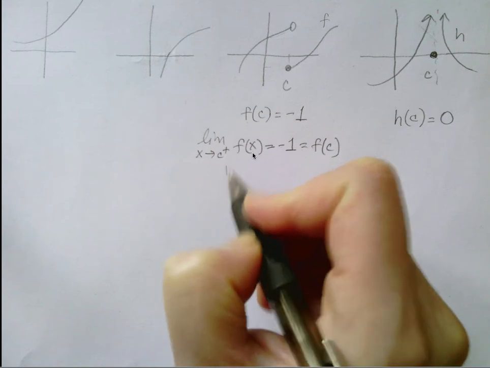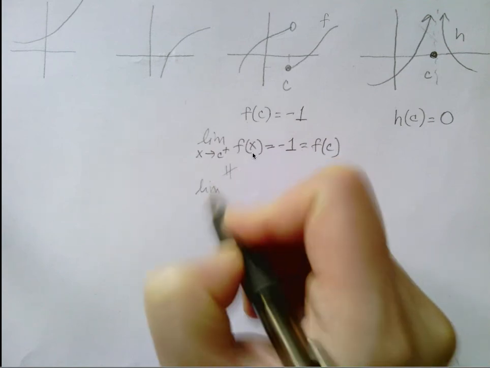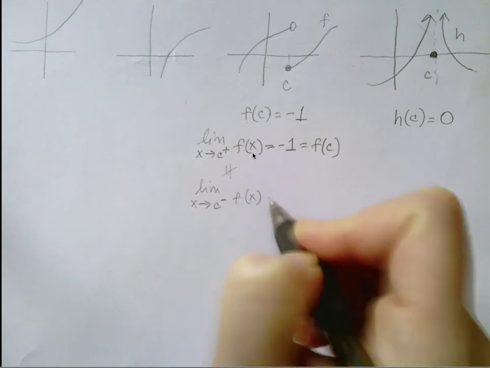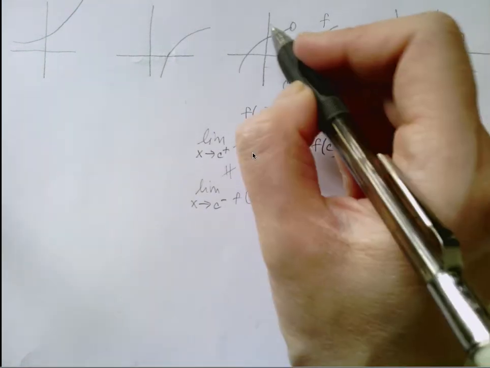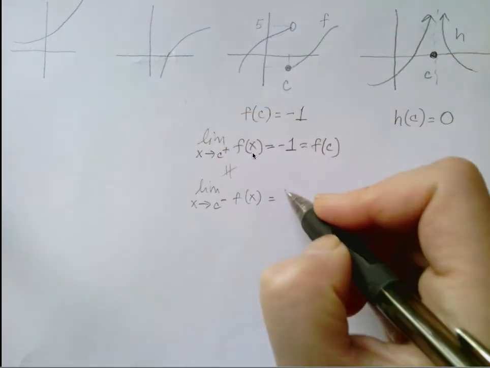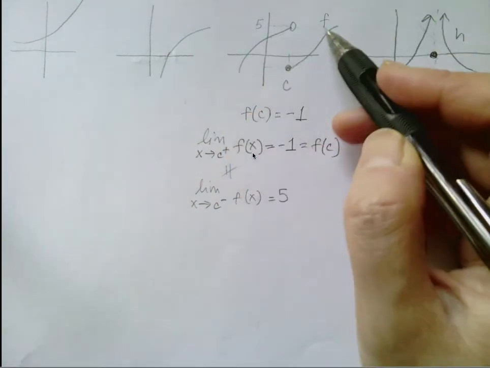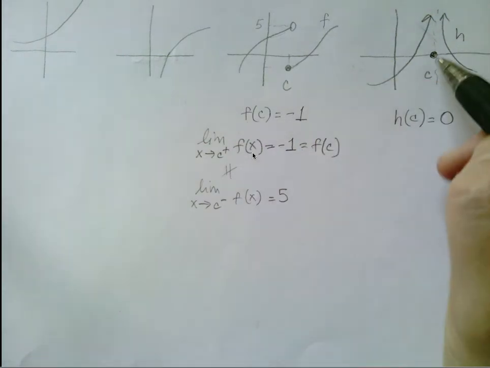But this does not equal the limit as x goes to c from the left, which equals this value, which let's just say is equal to 5. Okay, so that's why the function f at this point is not continuous.